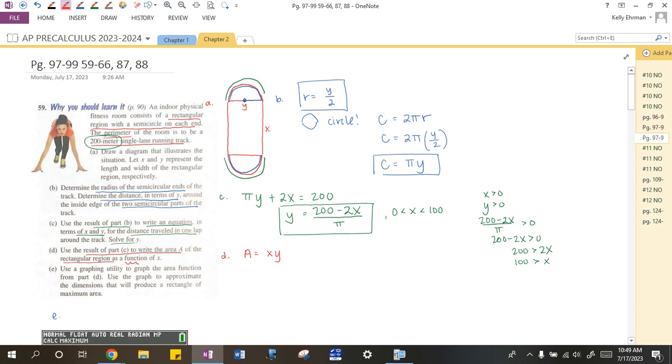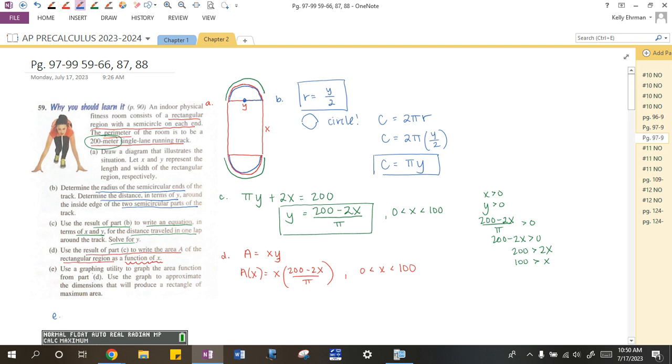We want this as a function of x, so that means keep the x, substitute the y. So A of x is equal to x times, our expression for y was 200 minus 2x over pi. And you can distribute the x through or not. The domain is still the same. X can't be 0, and it can't be anything 100 or larger, so it's got to stay between.